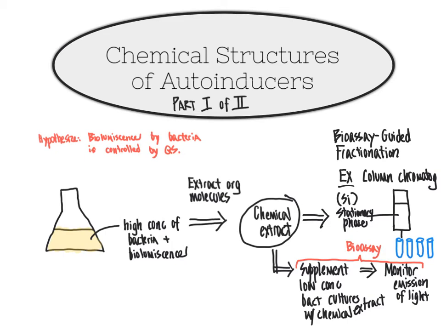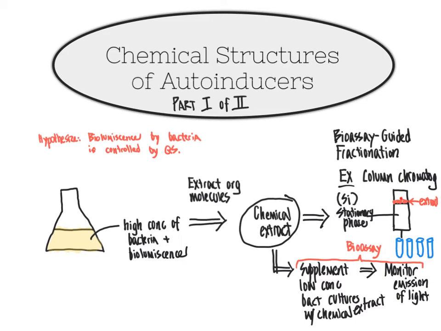And as the sample was loaded to the top of the column here, our chemical mixture, the chemical extract, a series of solvents differing in polarity would be added to the top of the column.